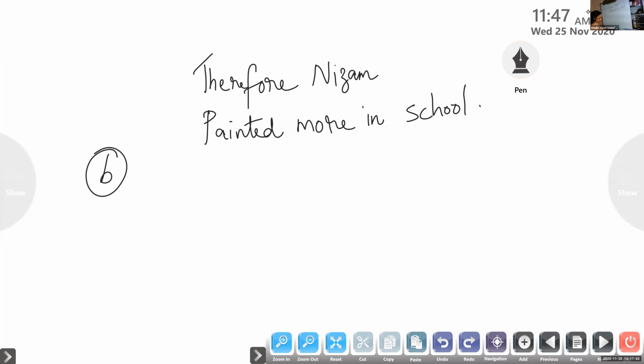So children, we can start the sentence. What can be the first step? Fraction of a lap completed by Ram.